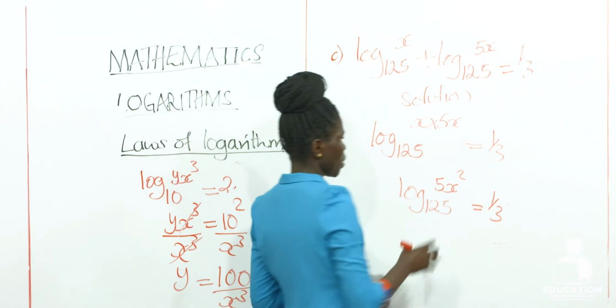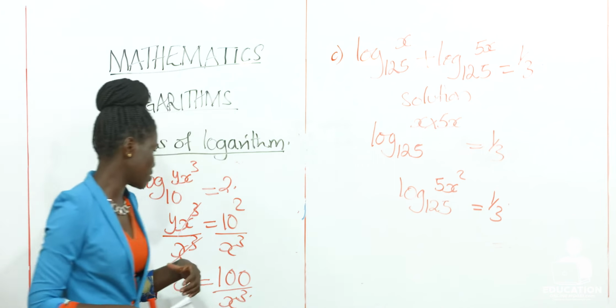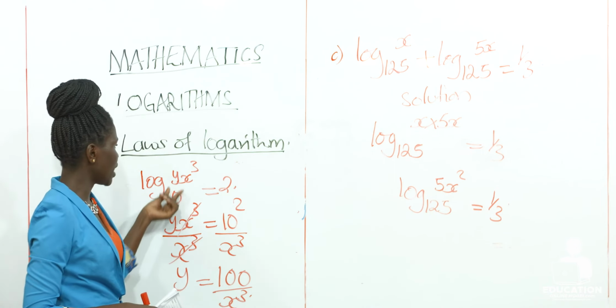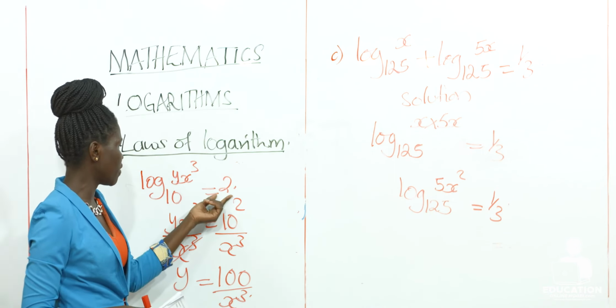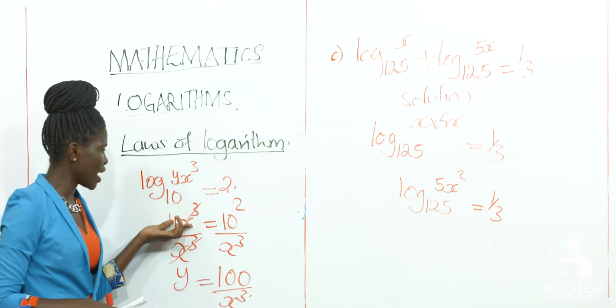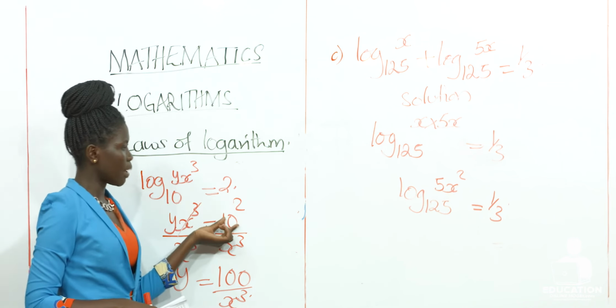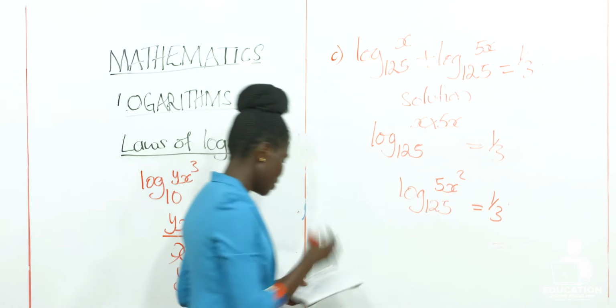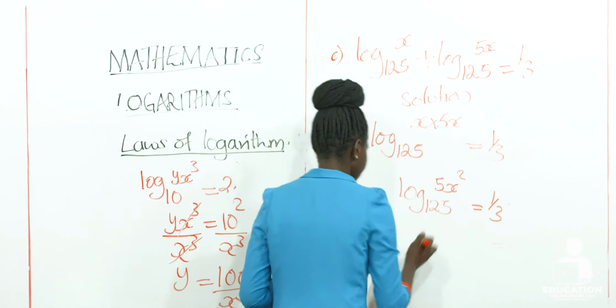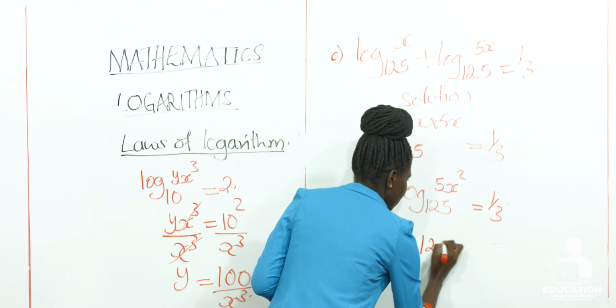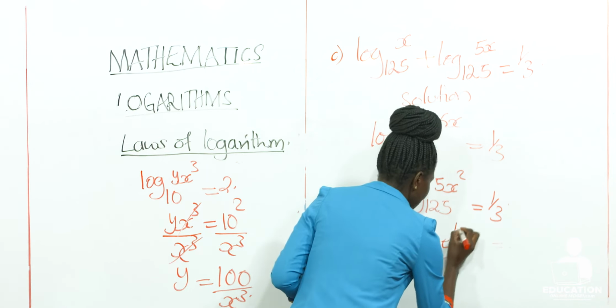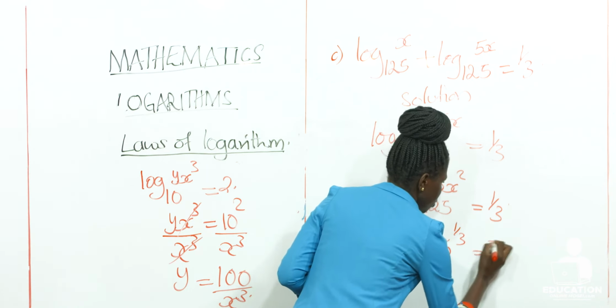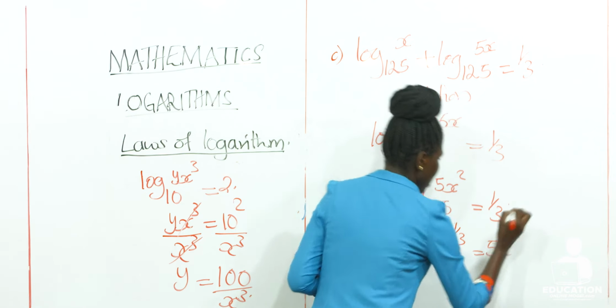Like in the first example, we had log 10 of yx cubed is equal to that. What you need to know is you write the number, you equate it to the base, then you put this as the power. So in this case, you are going to have 125 to power a third, you equate it to 5x squared.